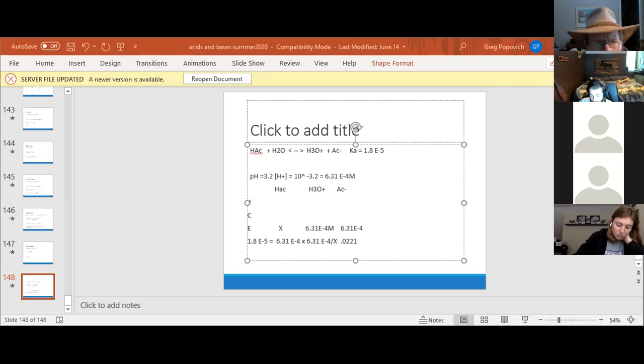Professor P, I have a question. Do we normally assume that in the dissociation of the H+ ions, the equilibrium concentration is going to be the same for the hydronium ion and the Ac minus ion?